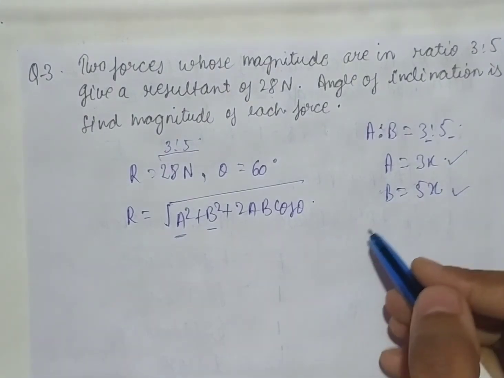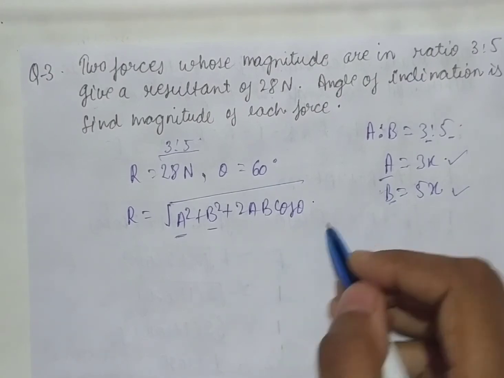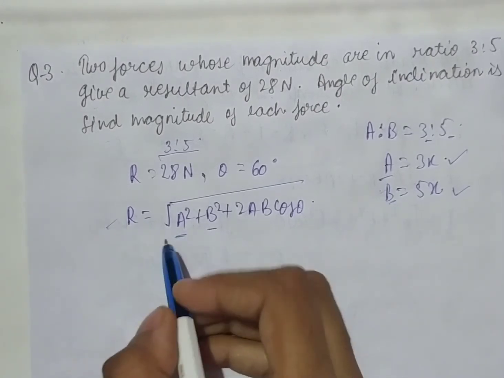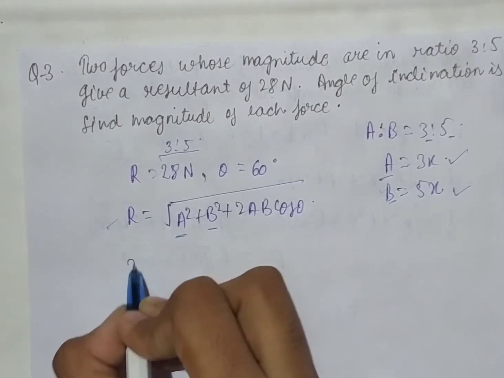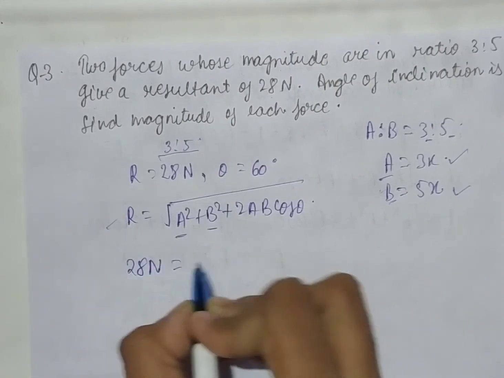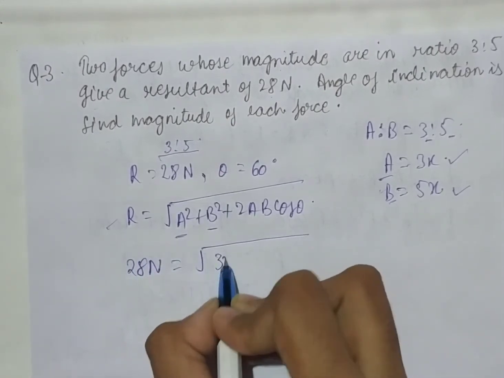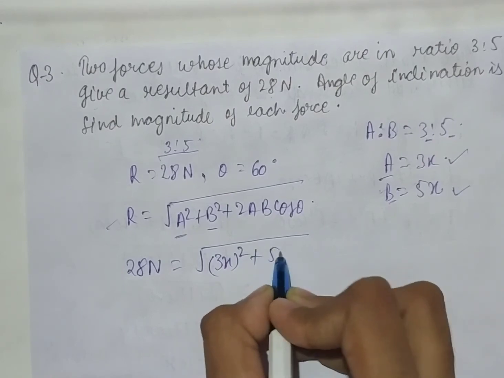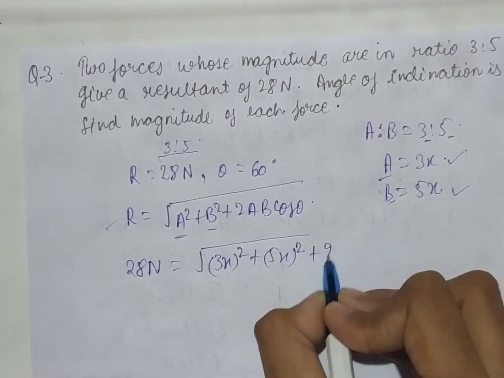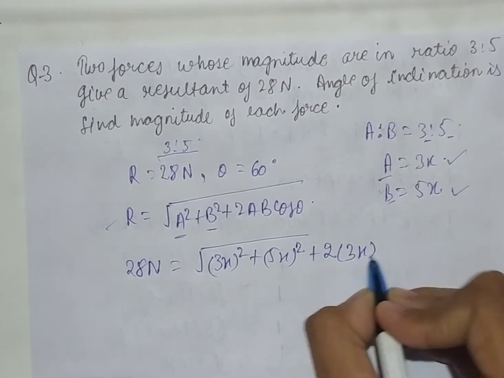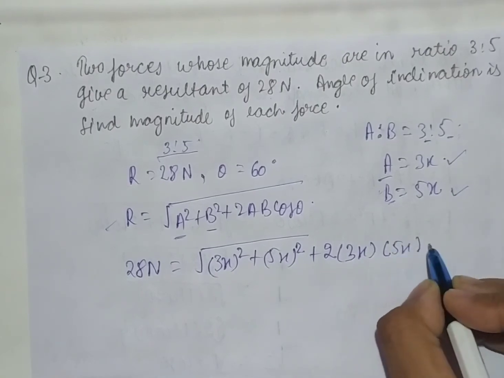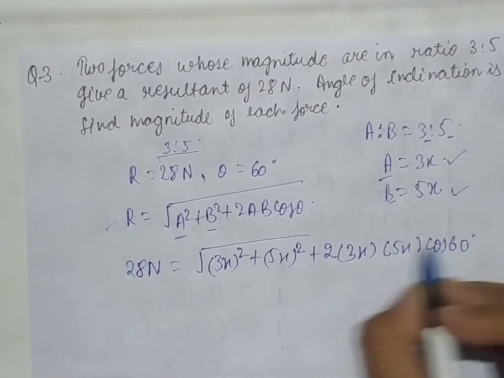Now let us put the values of vectors a, b, theta and the resultant in this equation. What do we get? The resultant is 28 Newton. It is the square root of (3x) square plus (5x) square plus 2 into 3x into 5x into cos 60 degrees, which you already know is half.